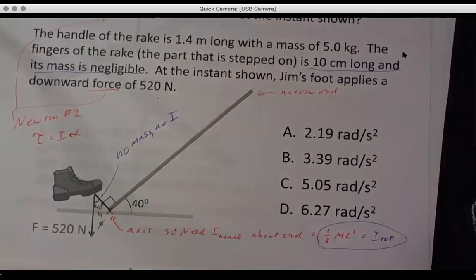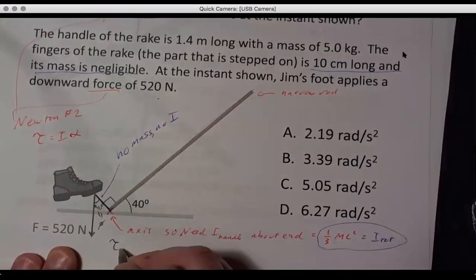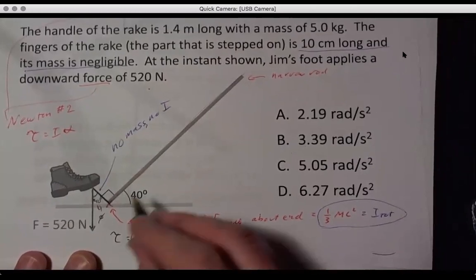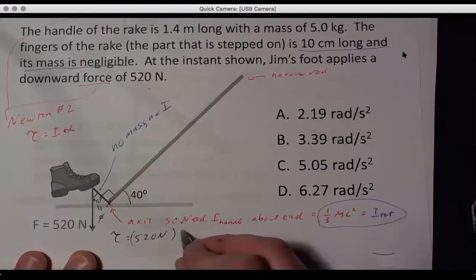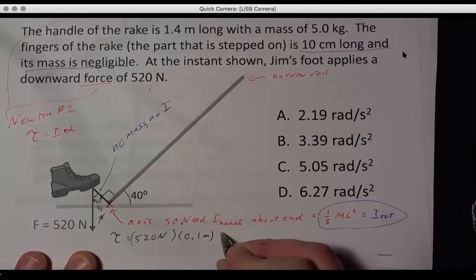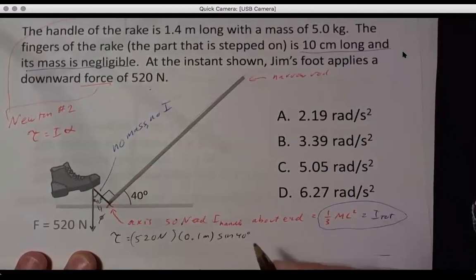So our torque is equal to 520 newtons times the distance, 10 centimeters. Better put that in meters, 0.1 meters, sine of 40 degrees.